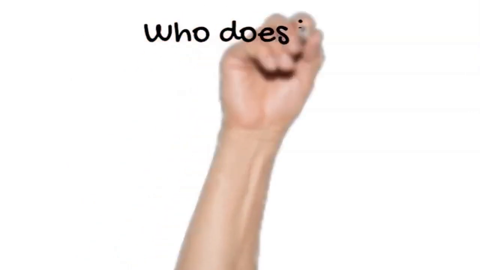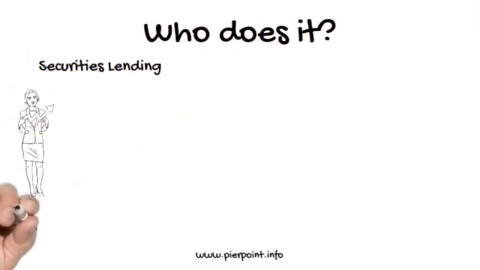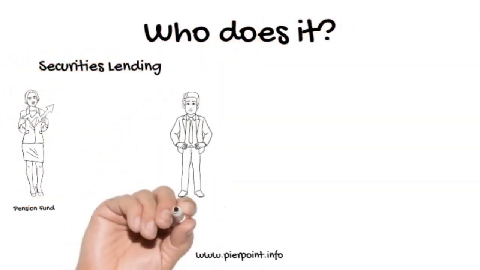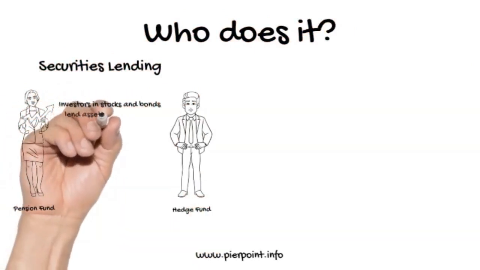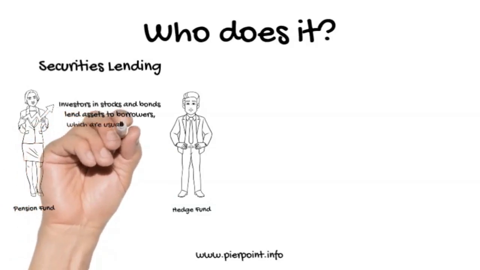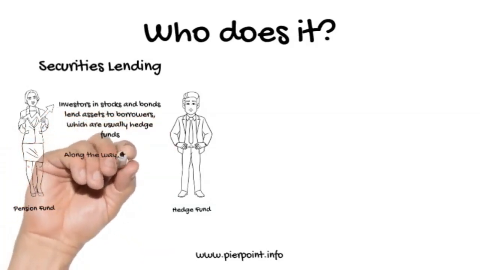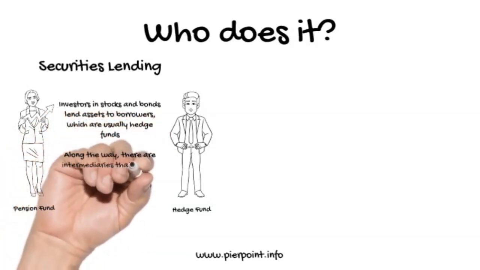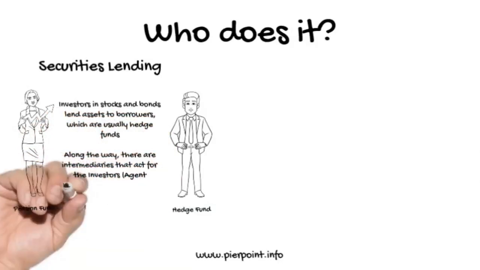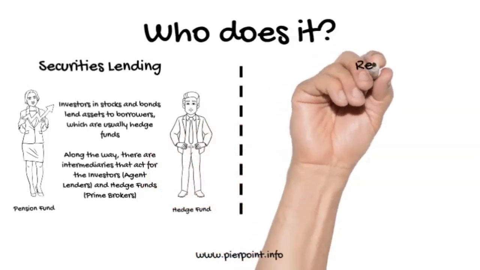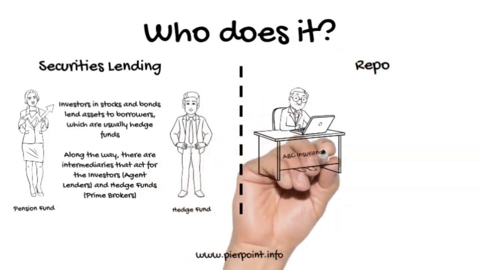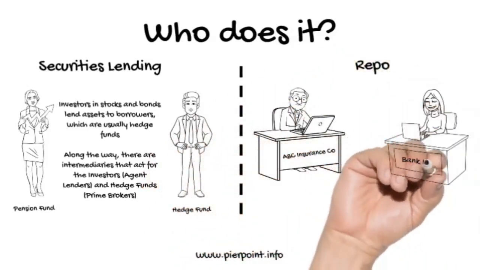Who does it? The two key parties to securities lending are the investor that owns the securities, like pension funds or mutual funds, and the trader that wants to borrow the securities, often a hedge fund. Agent lenders arrange the loans on behalf of the investors, and prime brokers act as credit intermediaries to the market on behalf of the hedge funds.